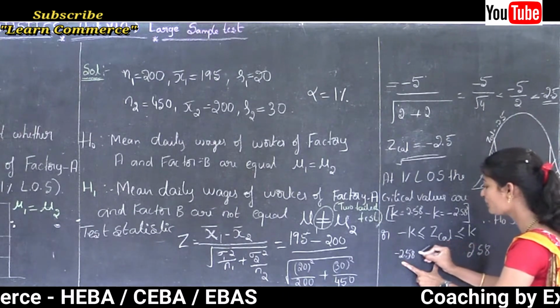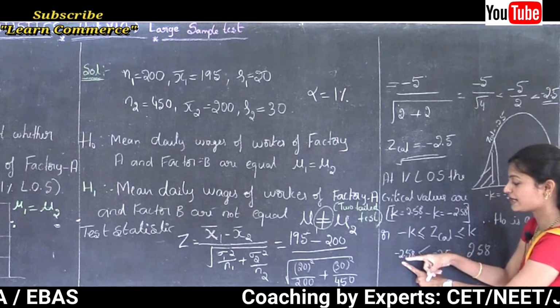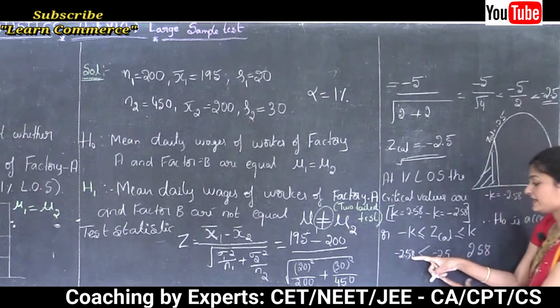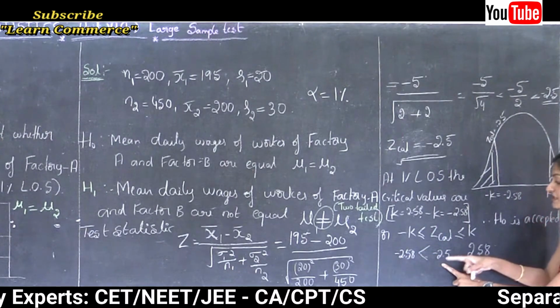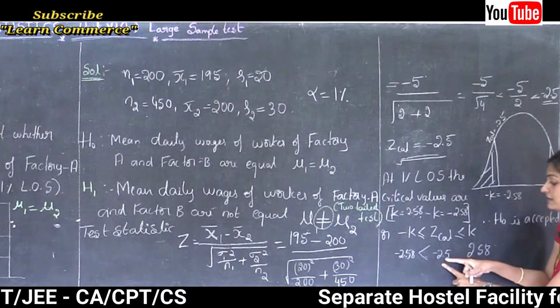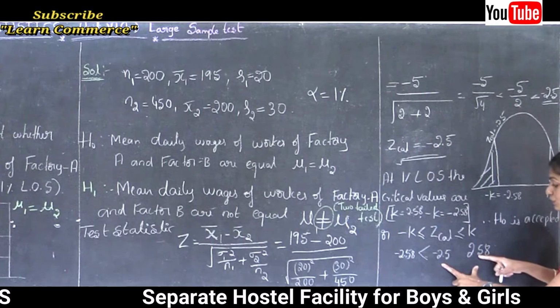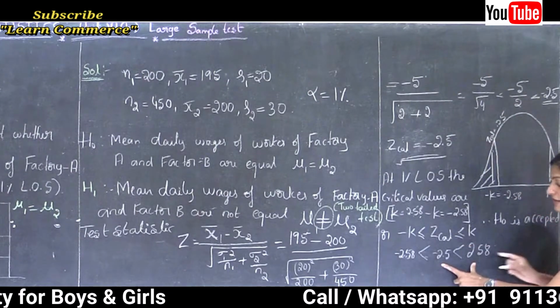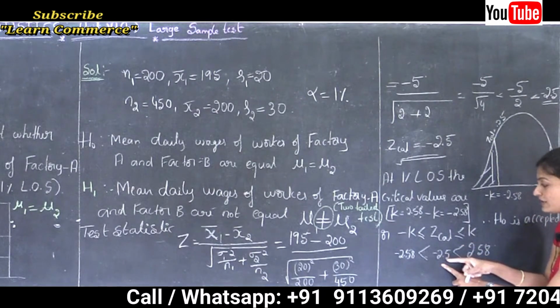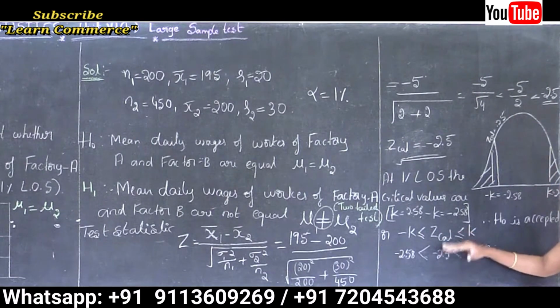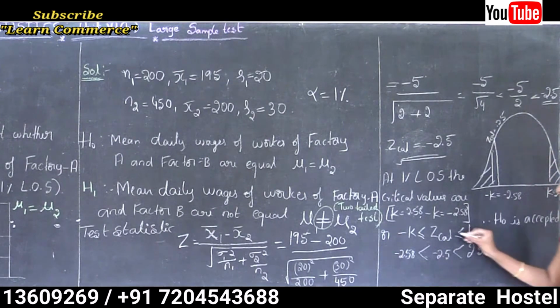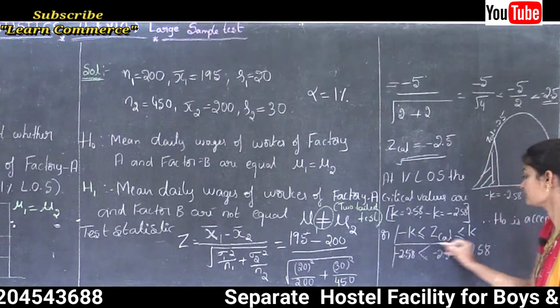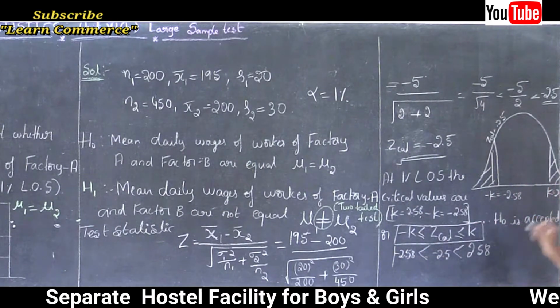Here minus 2.5 is greater than minus 2.58. Next we compare minus 2.5 and 2.58. Here 2.58 is greater than minus 2.5. See, both conditions are satisfied. Therefore, H naught is accepted.